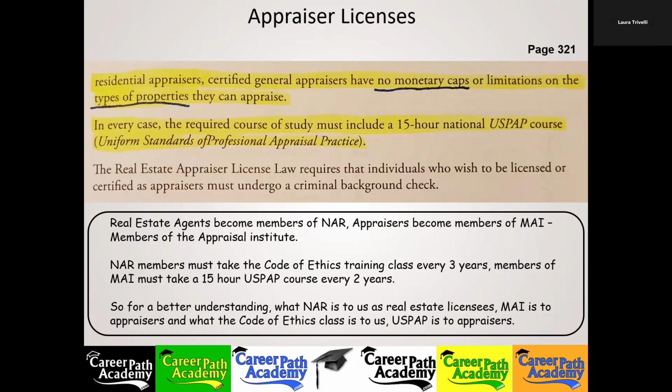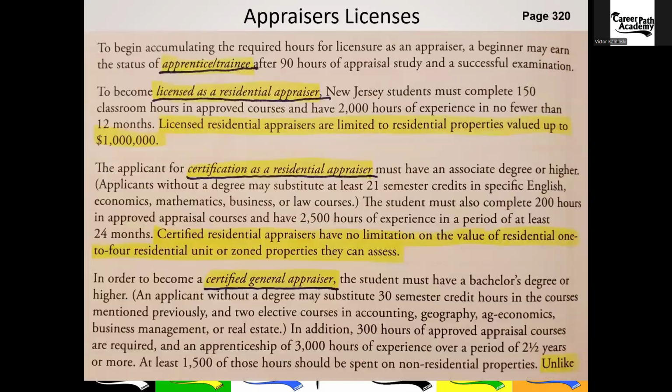Right. So if you wanted to become an appraiser, you would just have to find an independent person that is willing to have you work with them for this number of months or years that you need. So if you decide you want to be an appraiser, you have to get all of these hours in as an apprentice trainee.